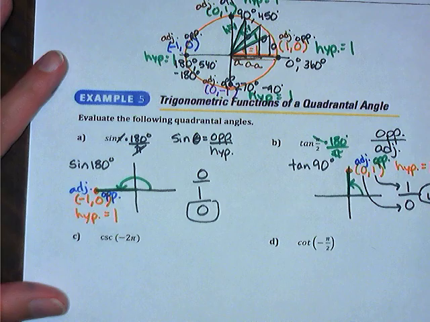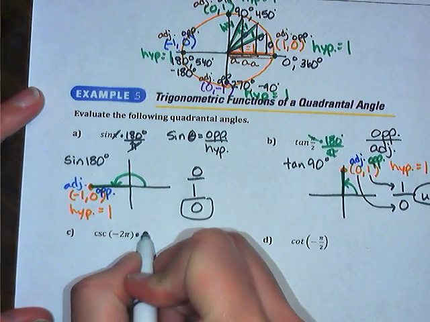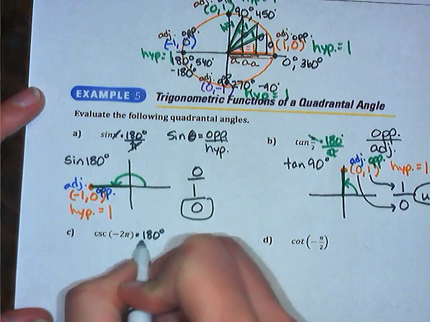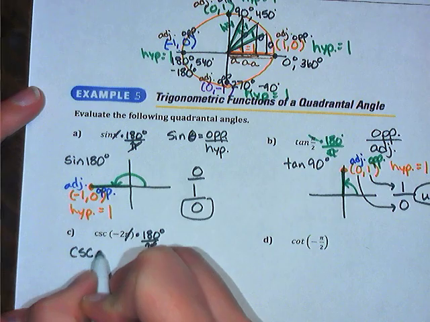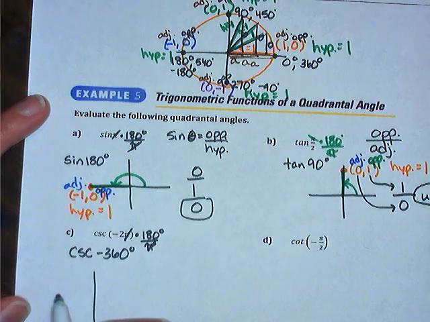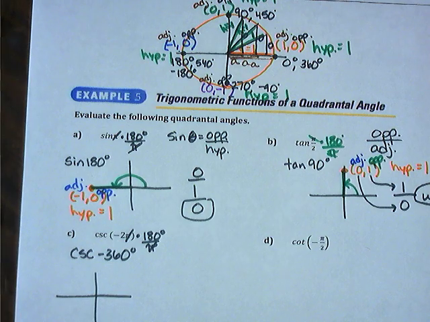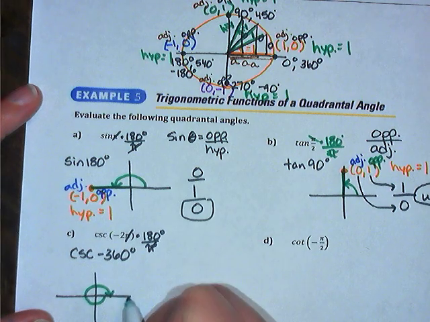All right, got 2 more. So cosecant of negative 2 pi. Negative 2 pi times 180 over pi is negative 360 degrees. That just goes clockwise, but you end up in the same spot right here.